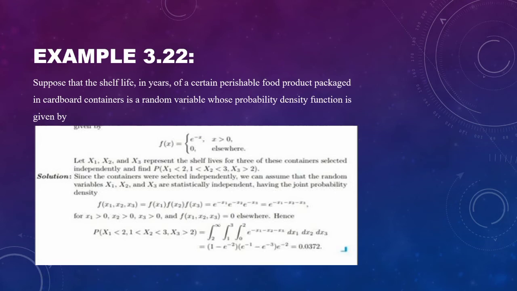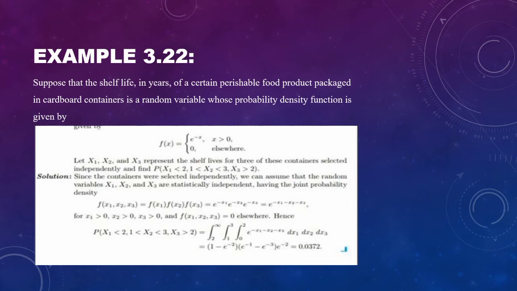Example 3.22. Suppose that the shelf life in years of a certain perishable food product packaged in cardboard containers is a random variable whose probability density function is given by f of x is equal to e to the negative x, for x greater than 0, and 0 elsewhere.